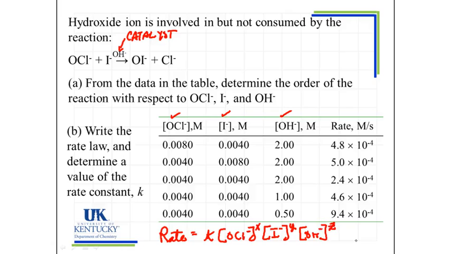Now if it doesn't have any effect on the rate, it'll end up with a zeroth order, but that's looking a little messy already, so I'm going to erase that and rewrite OH minus raised to the power z.